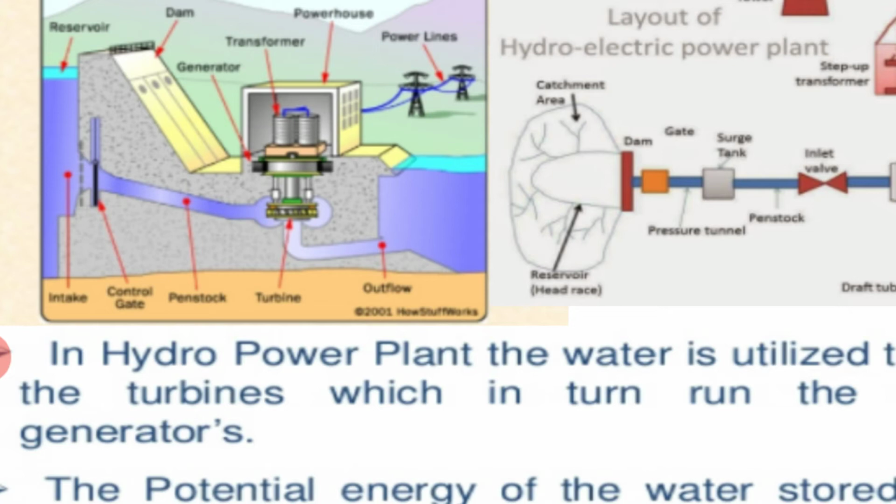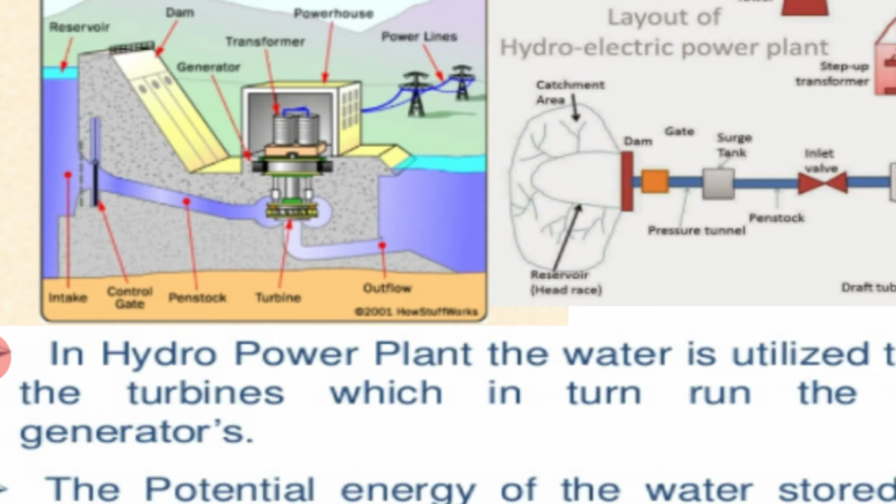And then there is the tail race, which is a channel that carries the water away from the turbines after the water has worked on the turbines.